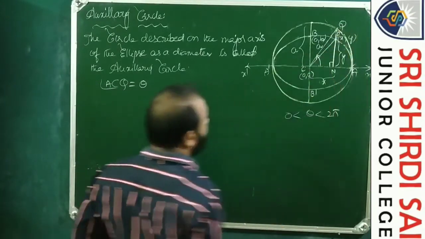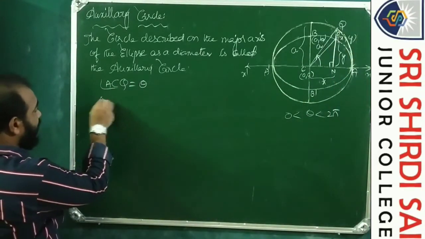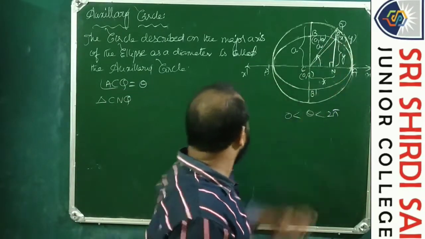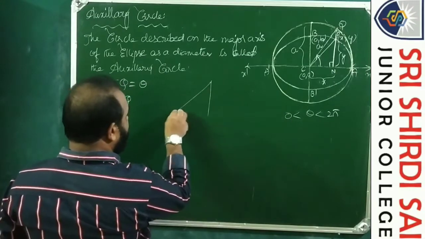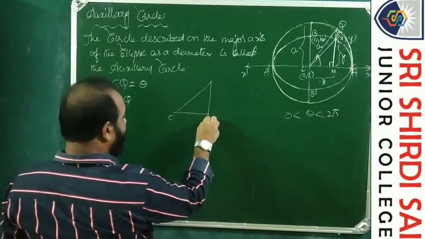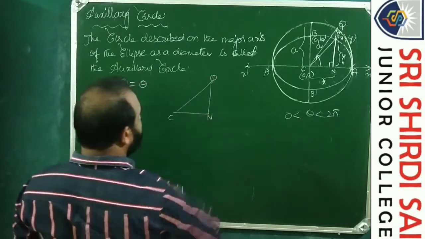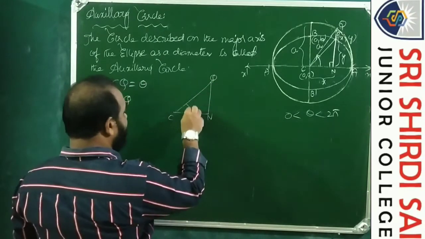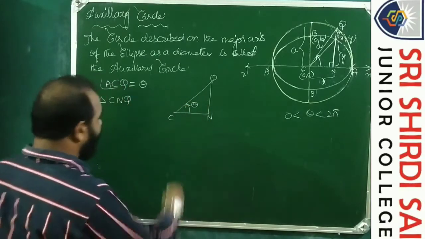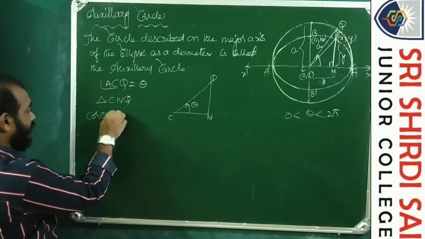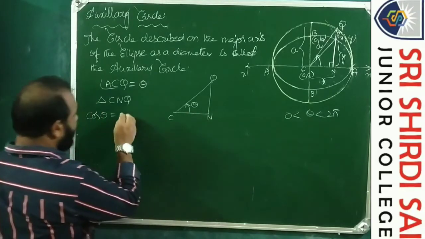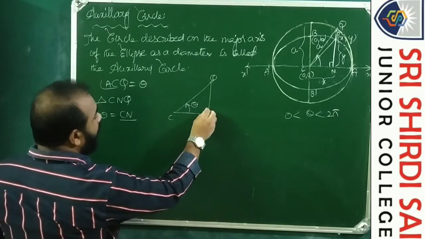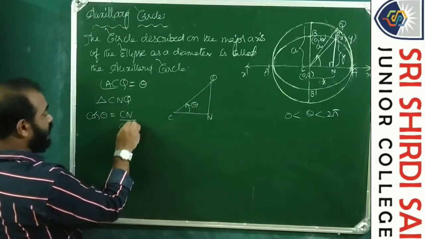Now take triangle CNQ. This is C, this is N, and this is Q. This is angle theta. Now from this, what is cos theta? Adjacent side by hypotenuse. This is CQ.